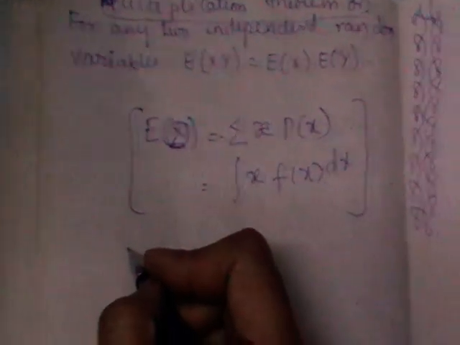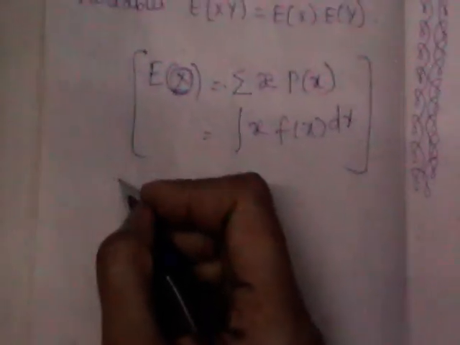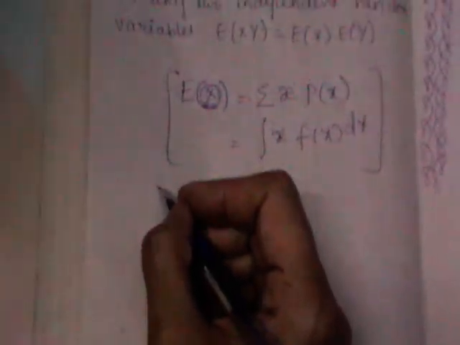Also, we have discussed the addition theorem on mathematical expectation. Now we are going to discuss the multiplication theorem on random variables. So the statement is, for any two independent random variables.